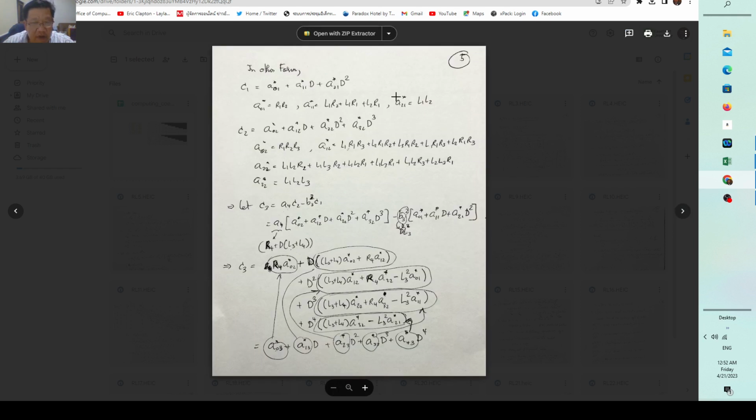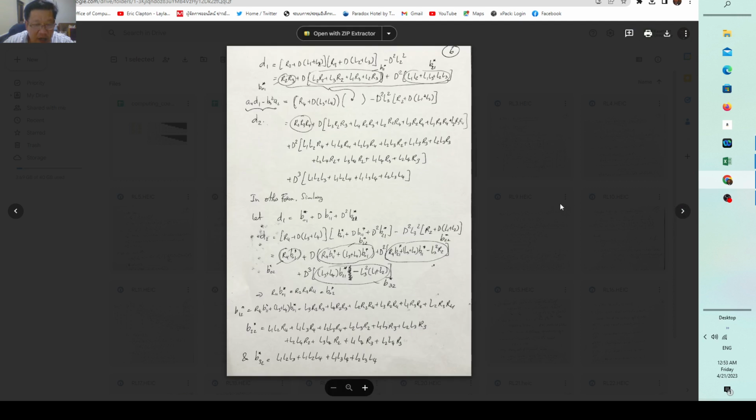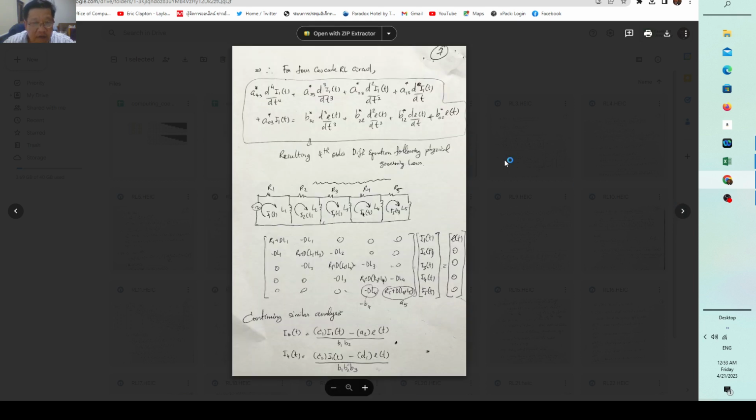From the last clip, from page 5, we start developing a systematic computational procedure by assigning C sub 1, C sub 2. The thing that we get here is that we can reduce the complexity of the form as the number of cascaded stages increases.